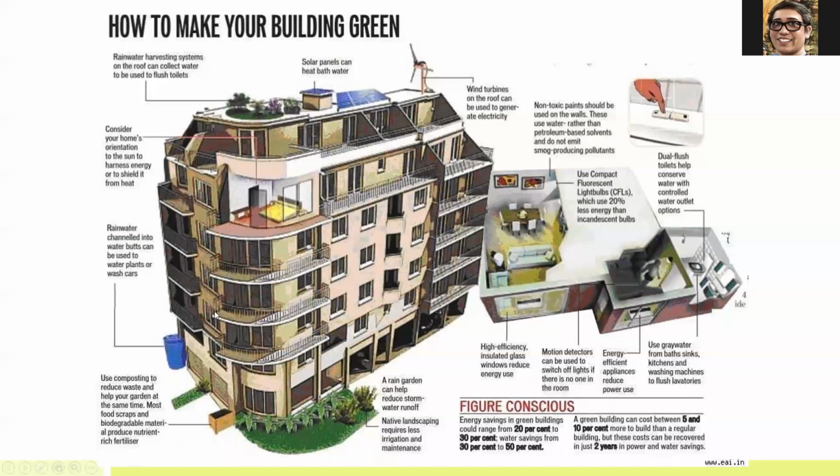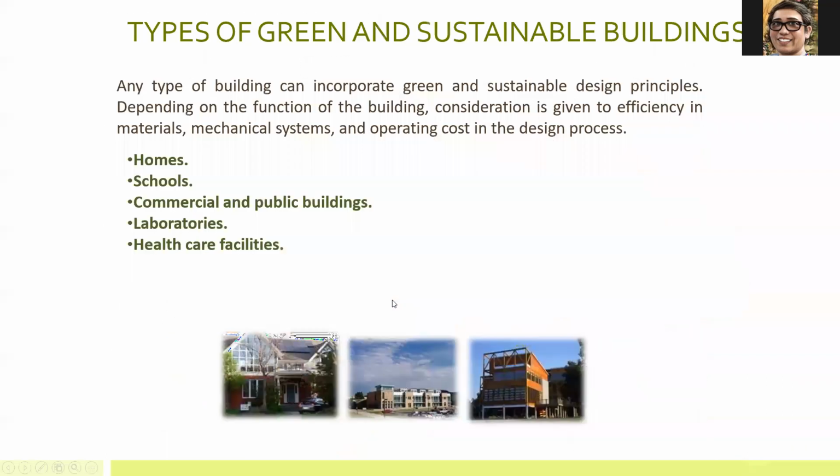So they included rainwater harvesting, solar panel, no? Meron siyang considering the orientation of the rooms, no? Wind turbines, no? Rain gardens, high efficiency insulated glass. So those are parts of the building that promote green architecture.